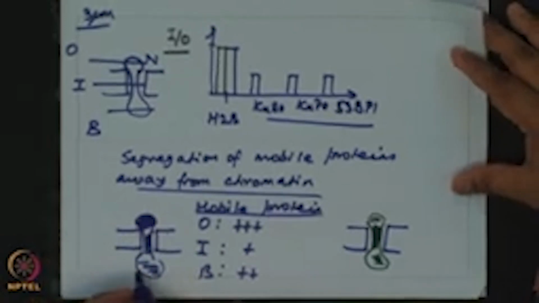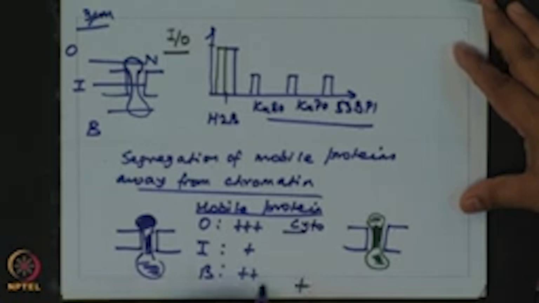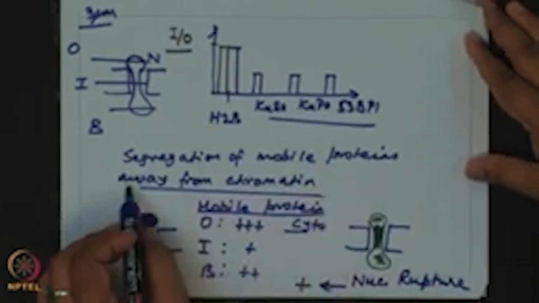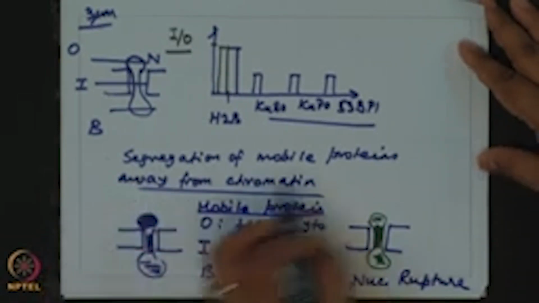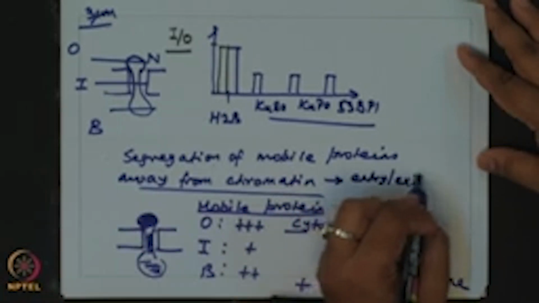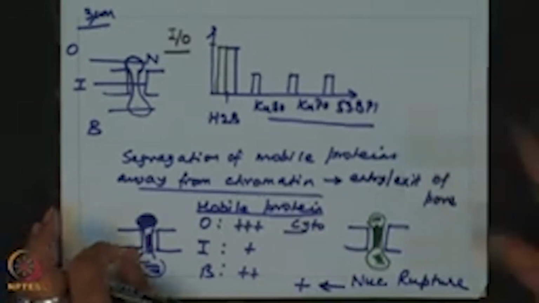And every once in a while, like the previous study which showed that there is rupture, if you tracked the concentration in the cytoplasm, at the bottom there was some signal in the cytoplasm also, so this was the nuclear rupture as demonstrated with the other study. Okay. So, this suggests there is segregation of mobile proteins away from chromatin, and this segregation happens at entry to the pore and exit of the pore. Okay.